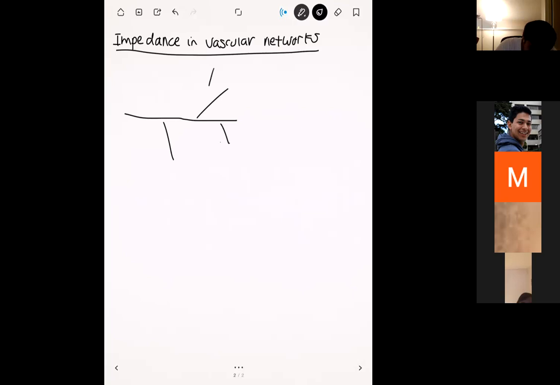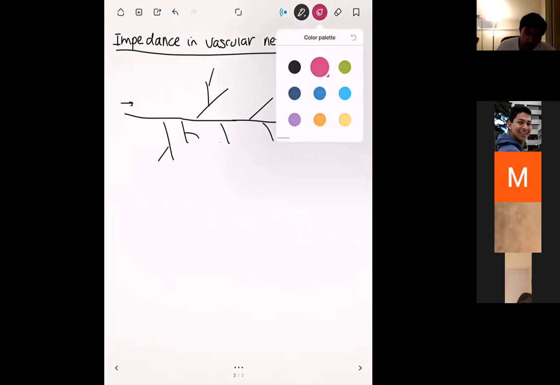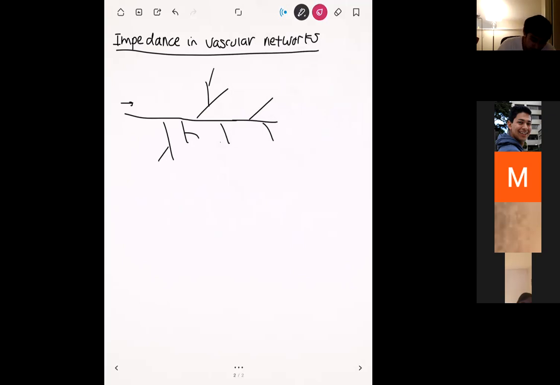Let me draw my crappy Christmas tree interpretation of blood vessels. Let's say we have a blood vessel that goes like this. Then what we want to find is the total impedance of this entire tree. Because if we can find the impedance of this entire tree, then we can learn a lot about its wave propagation properties, as well as a lot of other stuff.